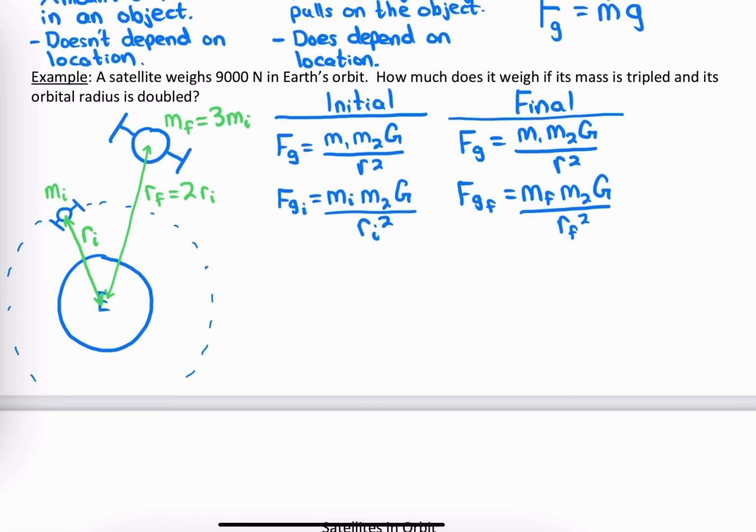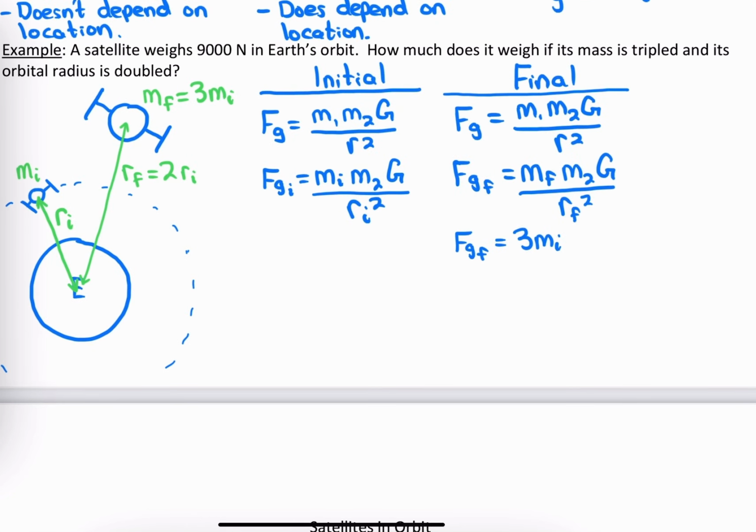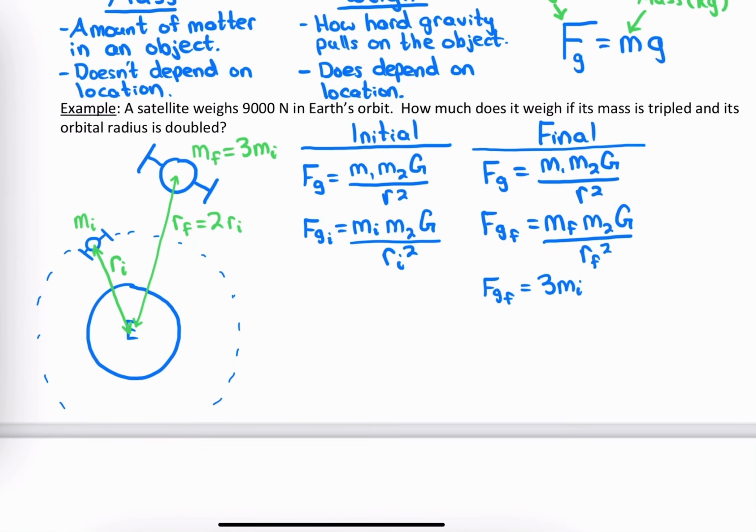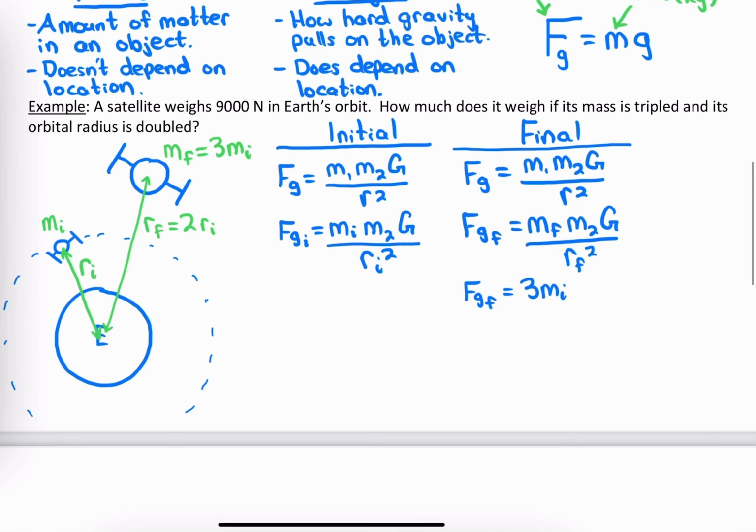Now I can take that and sub it in over here. Instead of mass final, I put 3 times mass initial. And instead of R final, I put 2 times R initial.